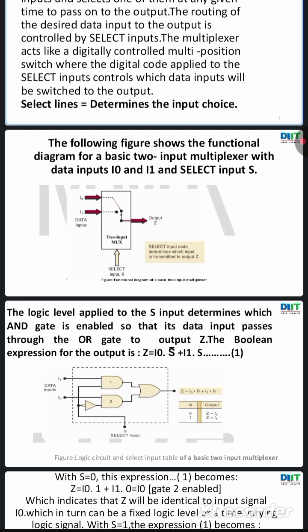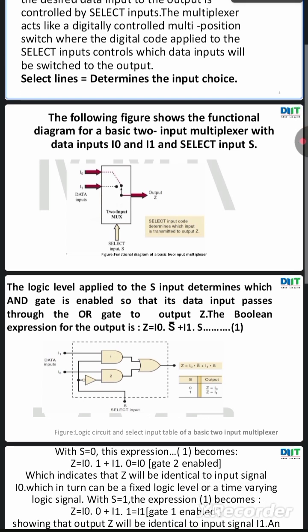This is a 2-input multiplexer, so there are 2 inputs and 1 output. It has 2 inputs I0, I1 and 1 output called Z. One select line called S.